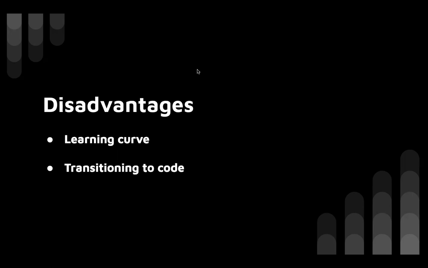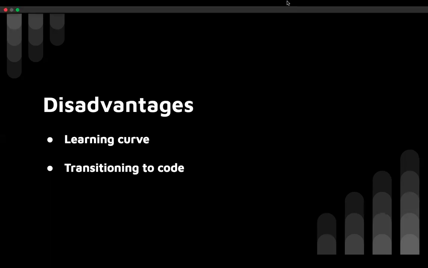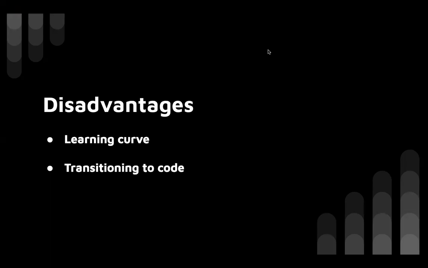So the learning curve is sort of lower. Let's say a few years back it was high, because you would require maybe a standalone software like After Effects or Framer and the likes. Those are much more complex to use.